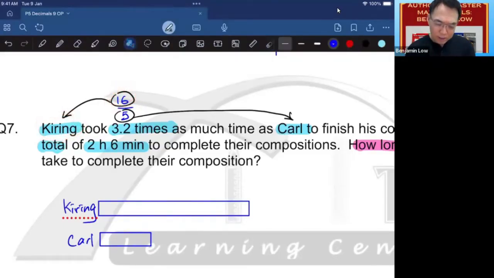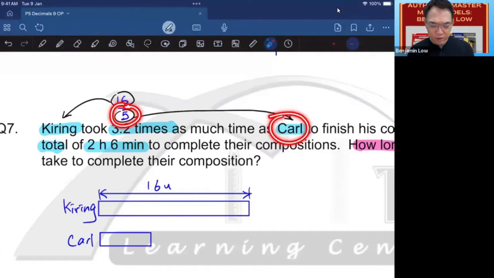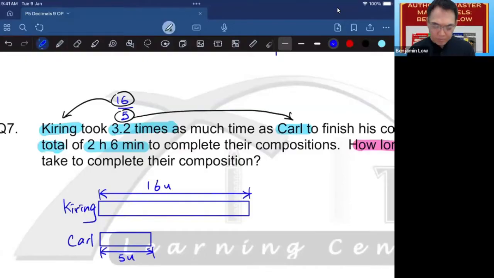So we're going to draw a line here to show the 16 units. And for Carl, we have to do the same, which is 5 units. Carl is 5 units, so you need to label that as well over here. So we're going to do that. And then we are going to put a number over here.